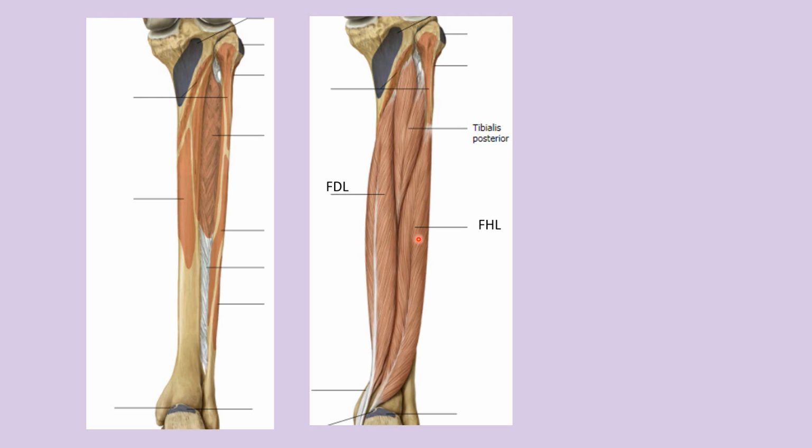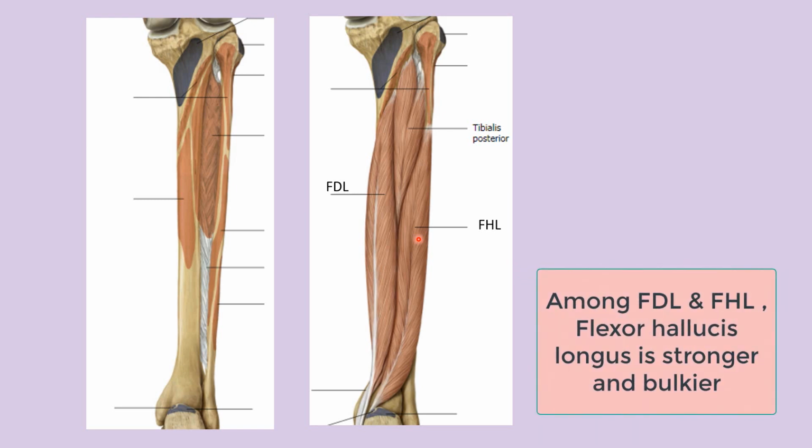You can check in your own body now. Flex the great toe forcefully towards the ground. That is more forceful than flexing only the lateral 4 toes forcefully to the ground. That's how this determines which is the strongest muscle. Flexor hallucis longus will be the strongest muscle.